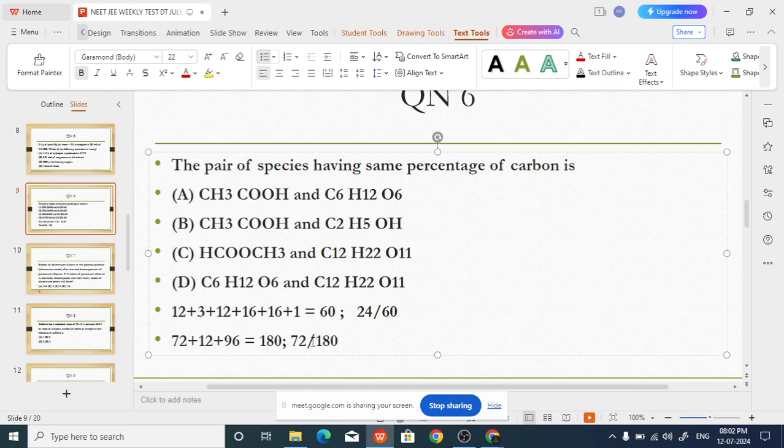Is 24 by 60 and 72 divided by 180 equal? Same ratio? Can you find out 24 by 60 and 72 by 180? Is it the same ratio?